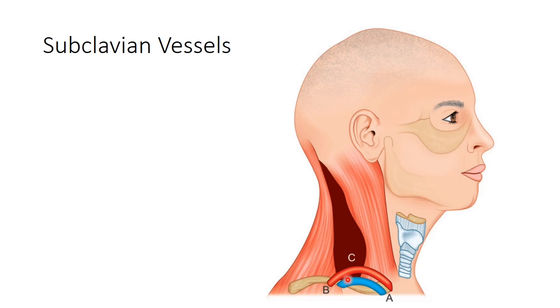And we also know that the subclavian vein and artery are very important. The subclavian vein is very commonly catheterized to monitor your central venous pressure, that is the pressure of the right atrium. And we also insert chemotherapy lines, and we also give permanent dialysis catheters through this, right.